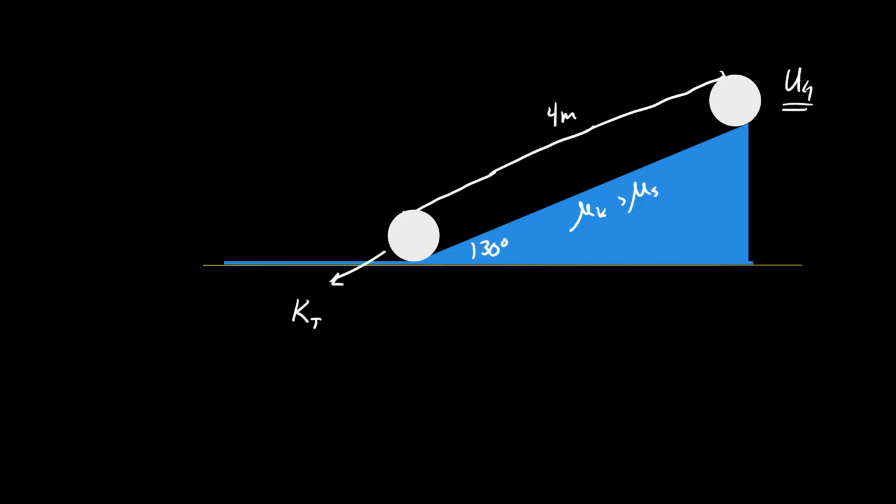Anytime an object's center of mass changes position and the object doesn't have a fixed fulcrum, the object has translational kinetic energy.